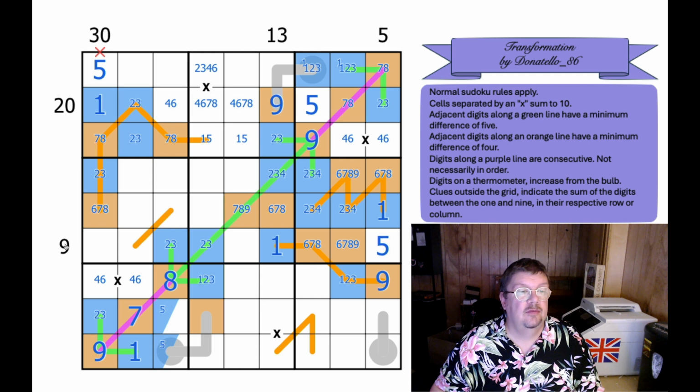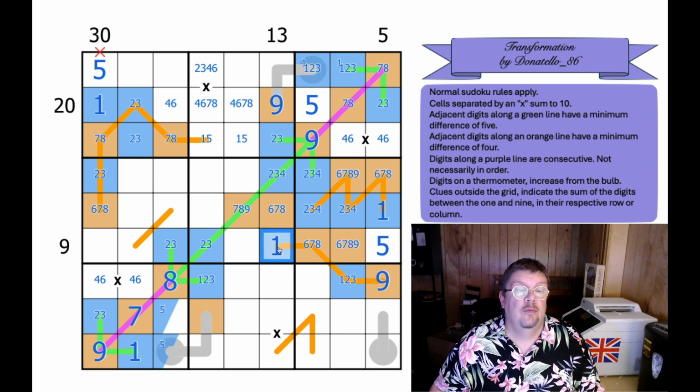Alright, let's have a look at this 9 clue, I think. So, obviously I can't have a single digit 9 clue. So I either have a 2-digit 9 clue or a 3-digit 9 clue.